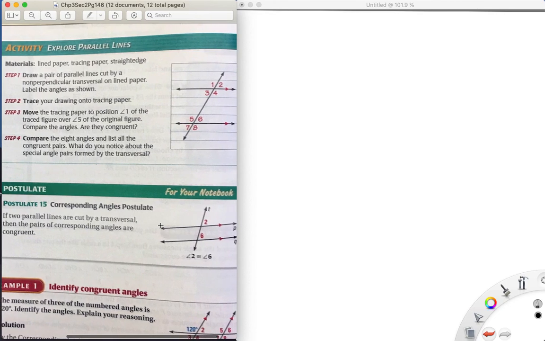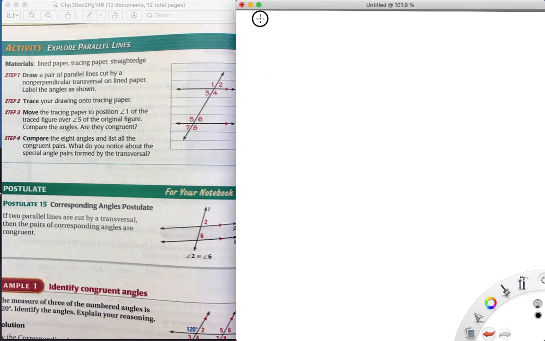The first postulate for this chapter, not the first one for this section, is the corresponding angles postulate. That's kind of how I write it. It says that if two parallel lines are cut by a transversal, then the pair of corresponding angles are congruent.